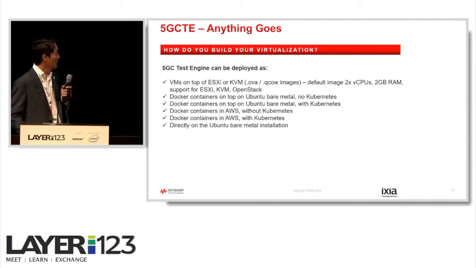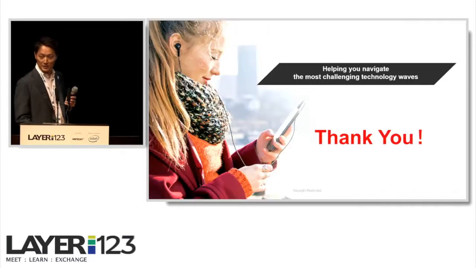And you can even run it in the public cloud environment, such as Amazon AWS. You also have the option to install the entire thing on bare metal on an Intel server for that purpose, so you get better bandwidth. And that's the end of my presentation.